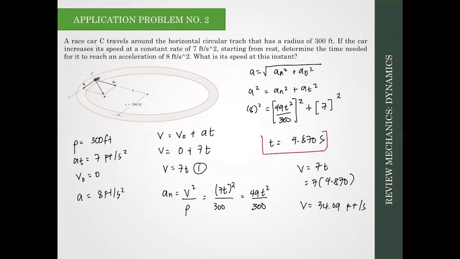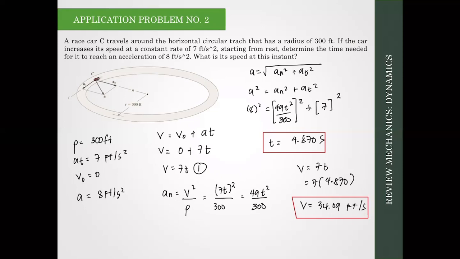So ito yung time needed na pinapakalculate. And then yung ating speed at that instant is this one. Okay? So, using yung concept din ng constant acceleration formula and then applying lang yung normal and tangential acceleration natin to get the value for the velocity.